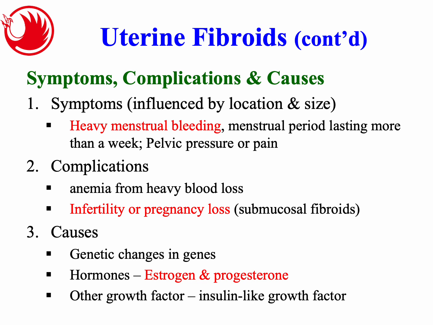So in summary, uterine fibroids are common and can cause symptoms like heavy bleeding and pelvic pain. This can lead to complications such as anemia and fertility issues. Understanding the causes, including genetic changes, hormones, and growth factors, can help in managing and treating this condition.